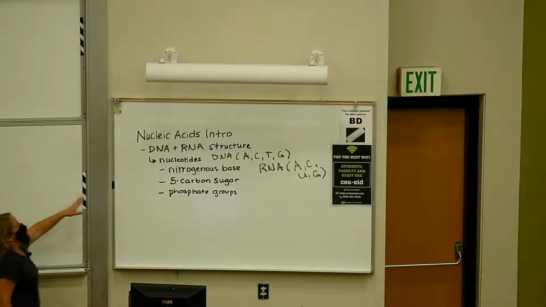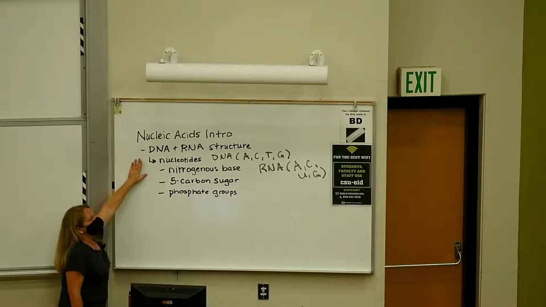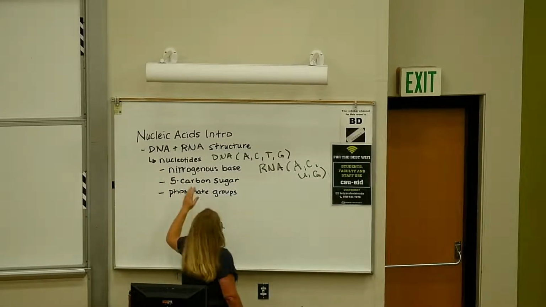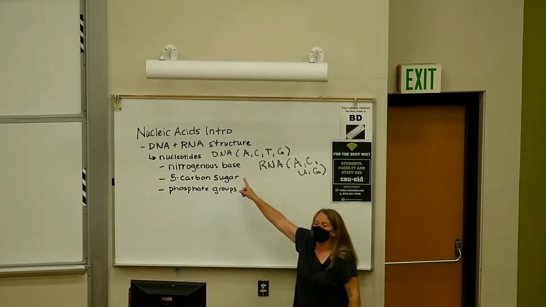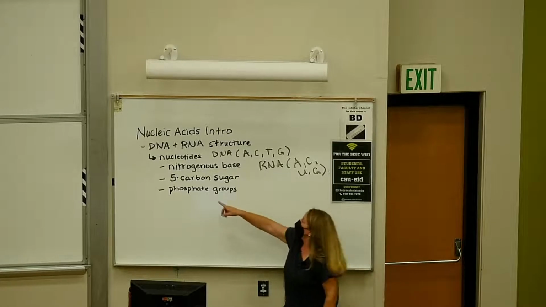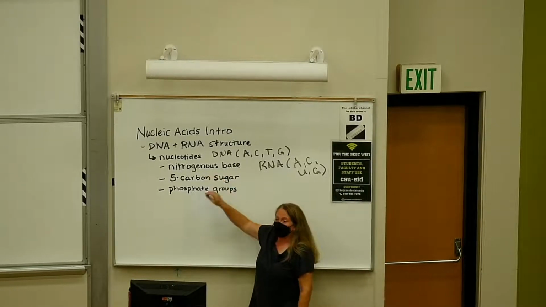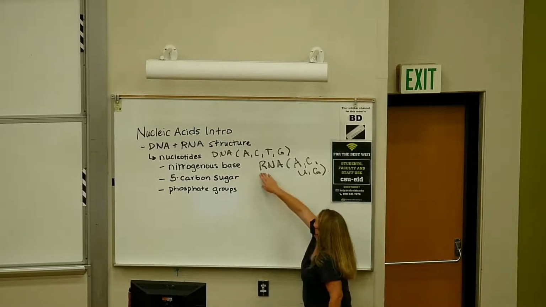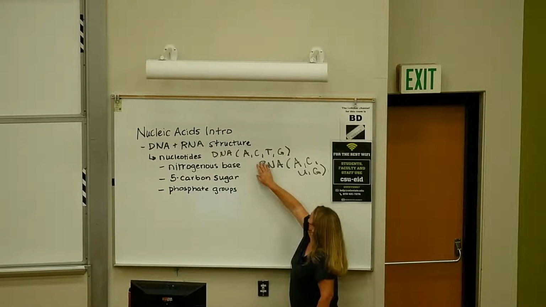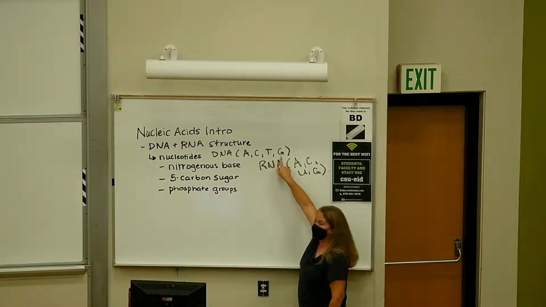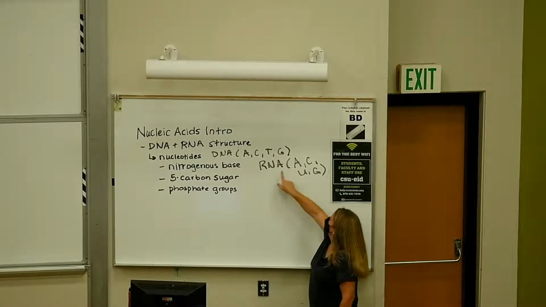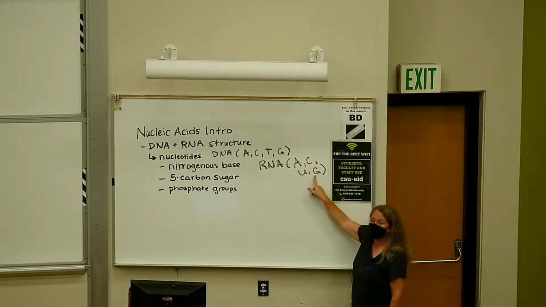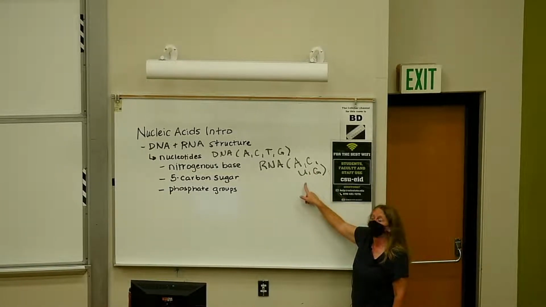The nucleic acids, the differences between DNA and RNA structure, it's going to be differences in their nucleotides. That's the monomer for your nucleic acids. Each nucleotide is made of nitrogenous bases, or just bases as we typically call them. For the DNA, those bases are adenine, cytosine, thymine, and guanine. RNA is going to be three of the same, so adenine, cytosine, and guanine, but instead of thymine, you now have uracil.